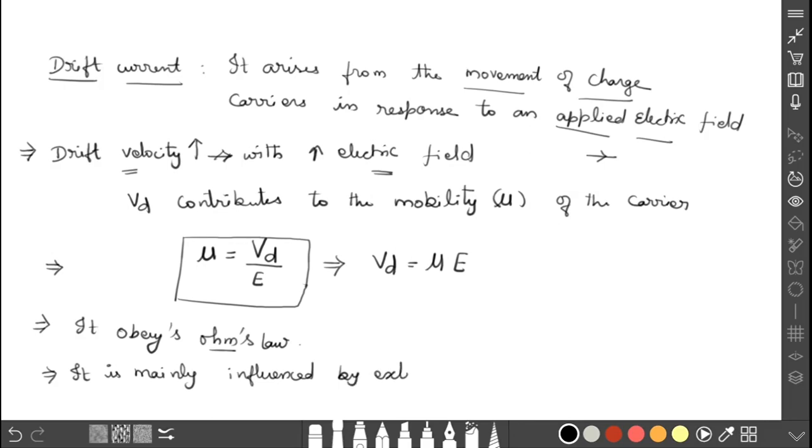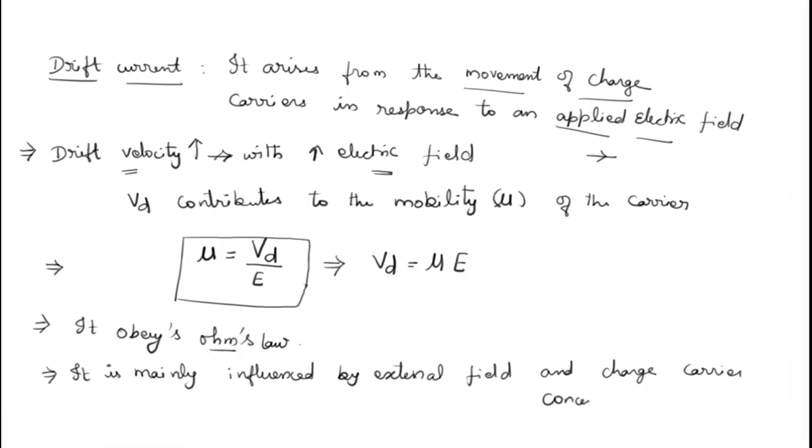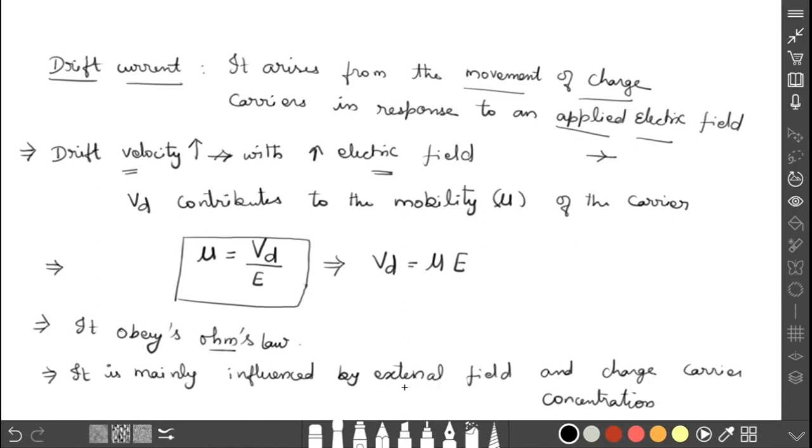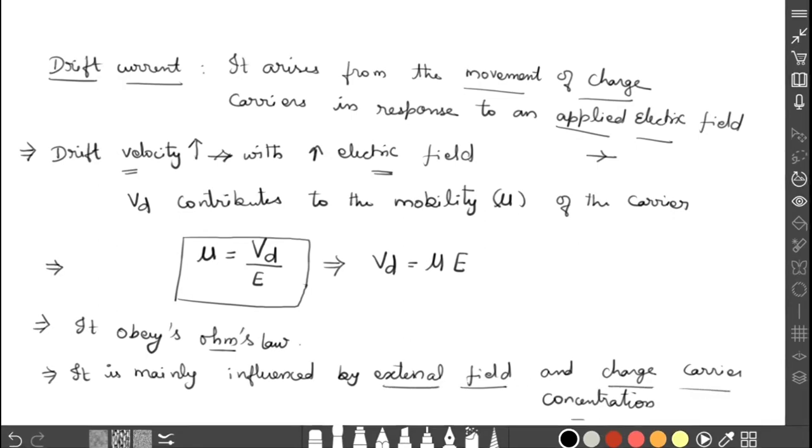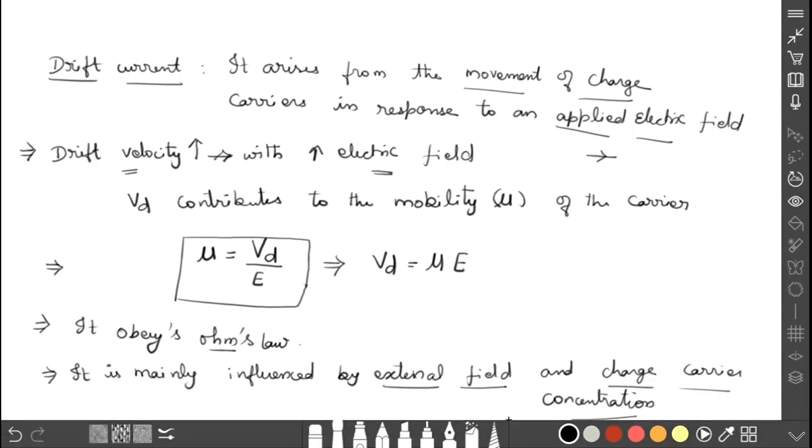Along with that, the charge carrier concentration also matters: how many charge carriers are present determines the current produced. So it is mainly influenced by two things: the external field and the charge carrier concentration. This is what you have to understand about the drift current.